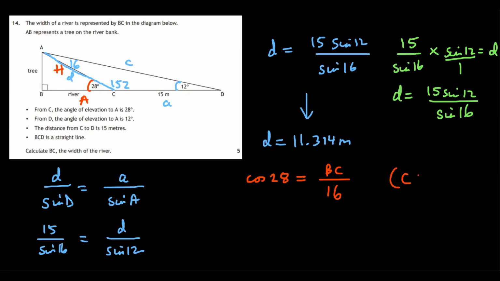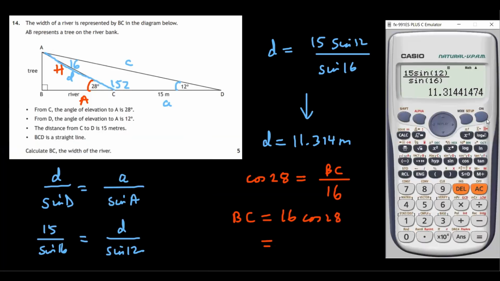And that's just from SOHCAHTOA, so CAH. And then that gives BC equals 16 cos 28. So 16 cos 28. And that gives 14.1 meters.